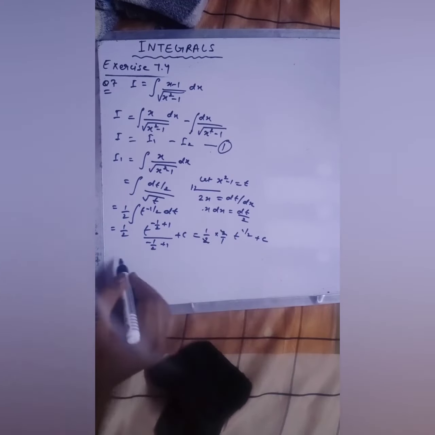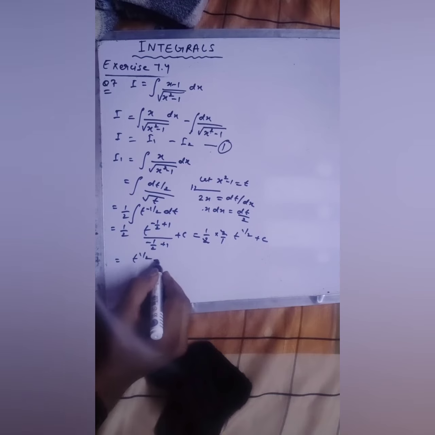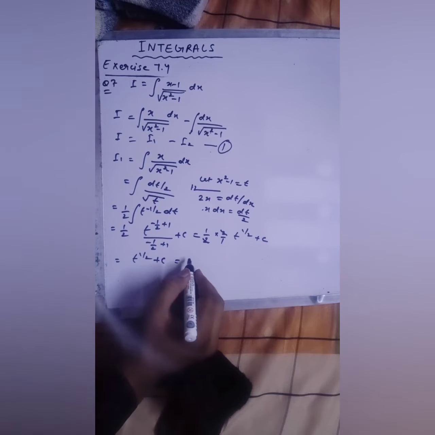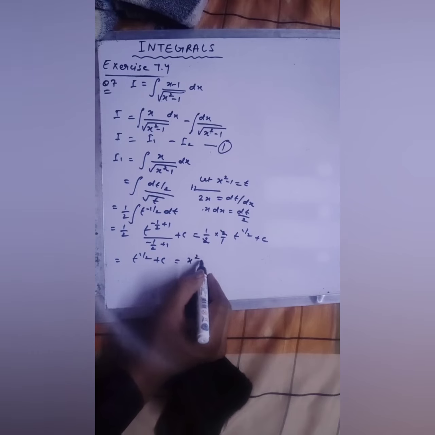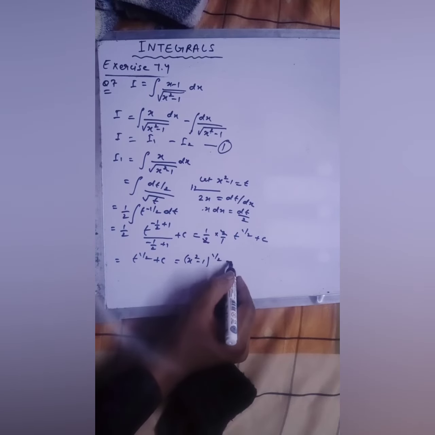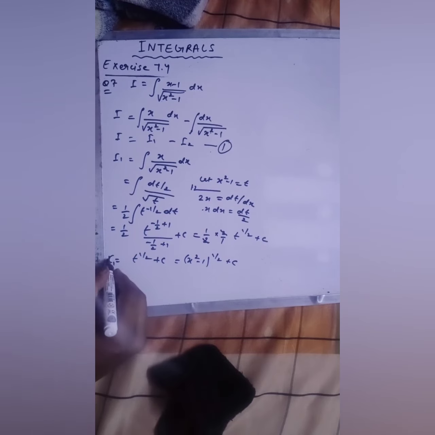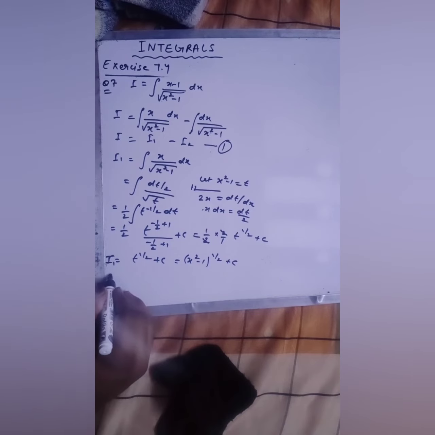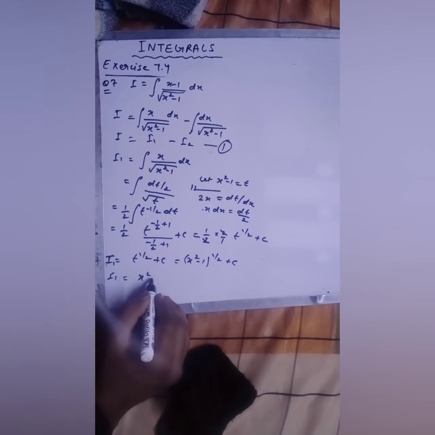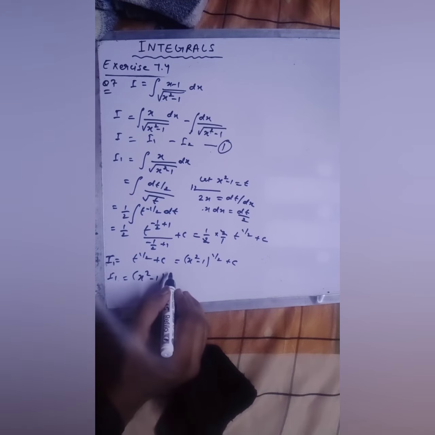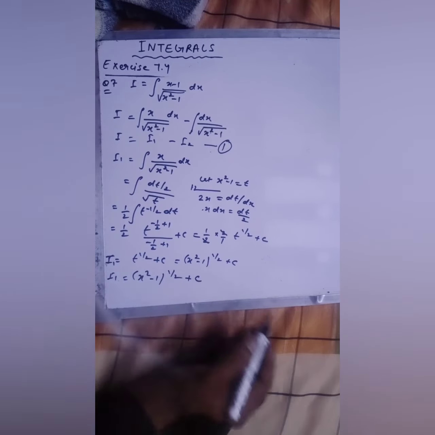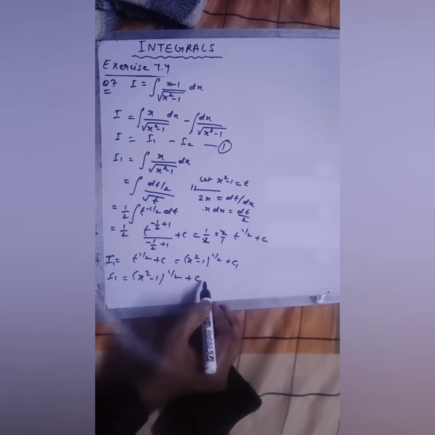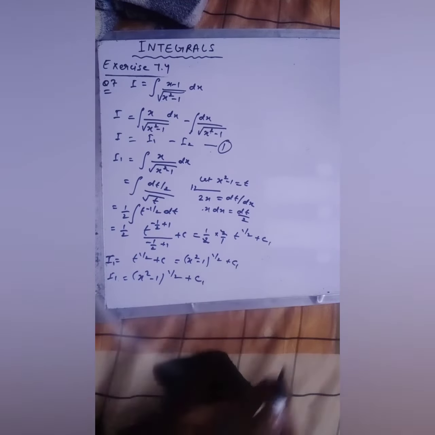This 2 and 2 will cancel out, and you will get t raised to power half plus c, and your t was x square minus 1, so x square minus 1 whole raised to power half plus c. So this is your I1. Finally, I1 is equal to x square minus 1 whole raised to power half plus C1. Got it?